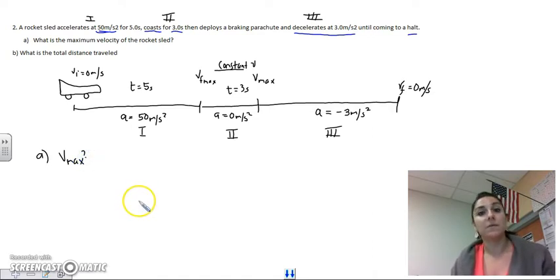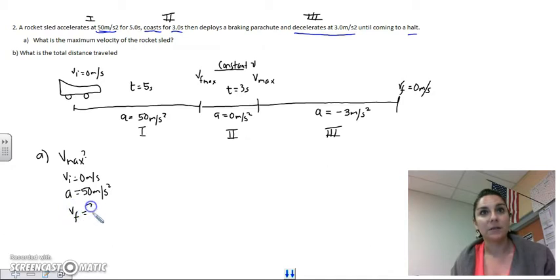In order to solve this part, I'm going to use section 1 because that's where we have all of our information. In section 1, the initial velocity is 0. Acceleration is 50 meters per second squared. We want the final velocity, and we have time, 5 seconds.